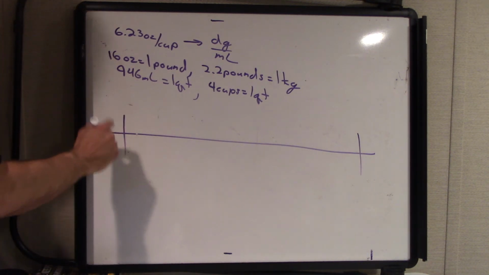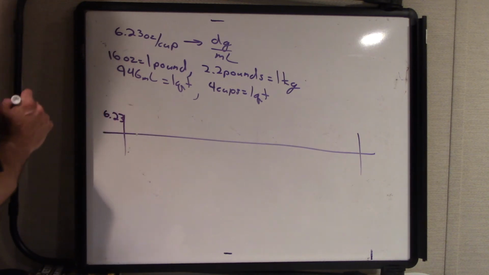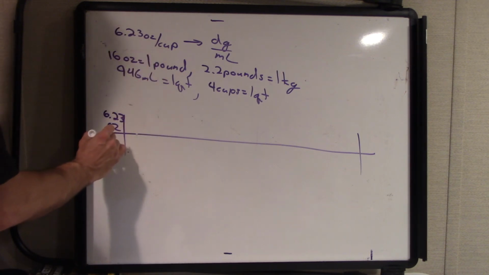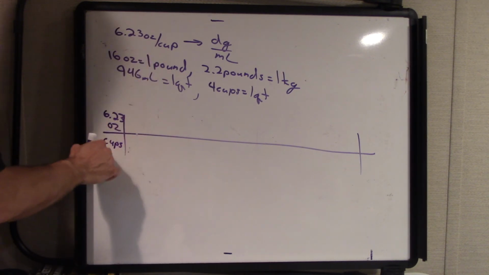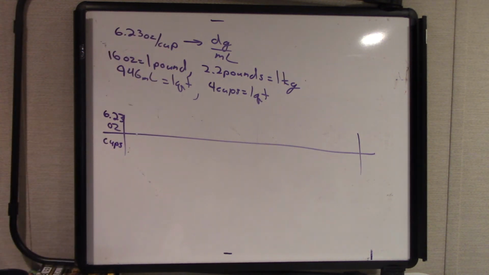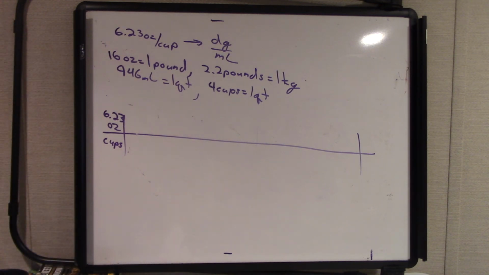Instead, you have to make sure what goes in the top belongs in the top. So I'm putting the ounces in the numerator, the cups in the denominator, and just one, 6.23 ounces per cup. That's how you have to feed this information in to the dimensional analysis. If not, you're going to end up making errors.